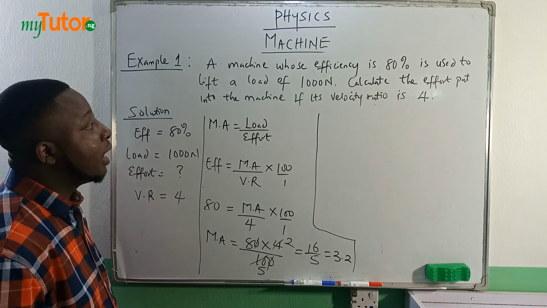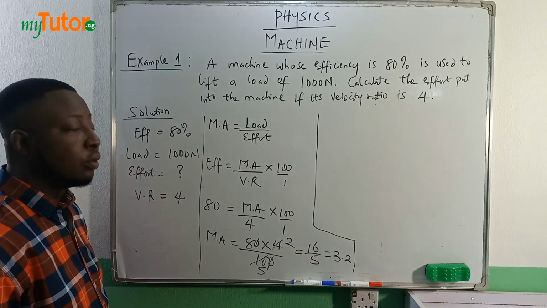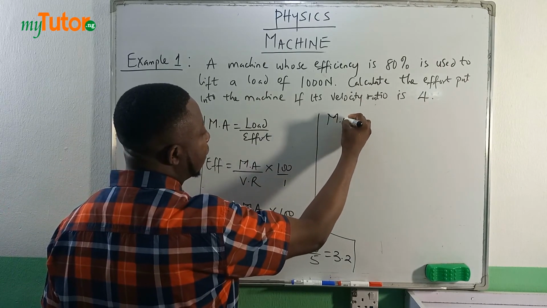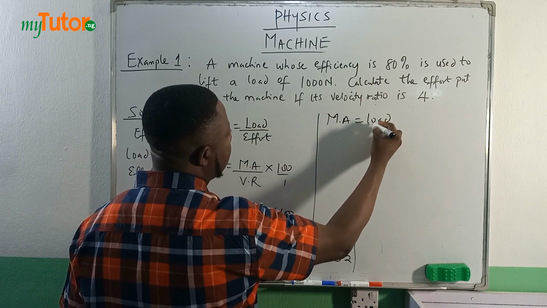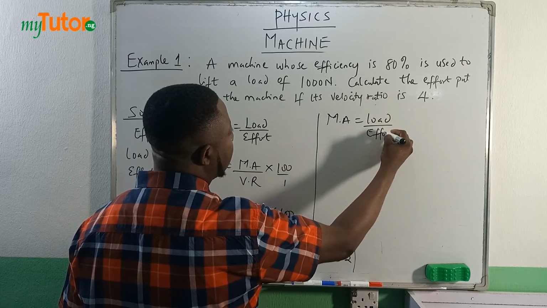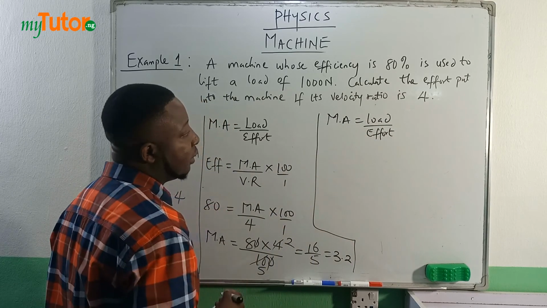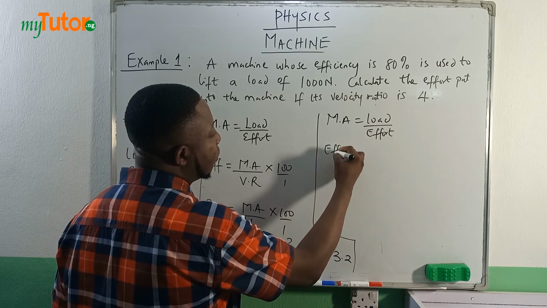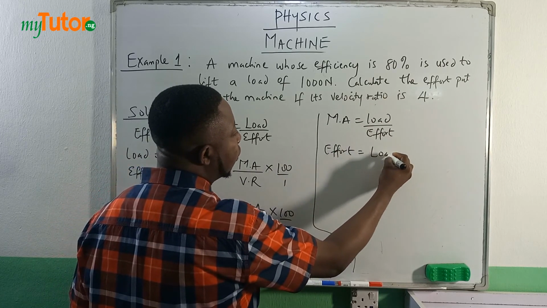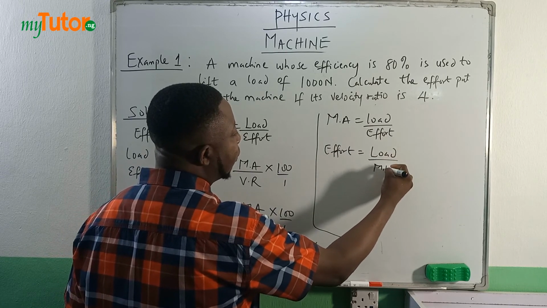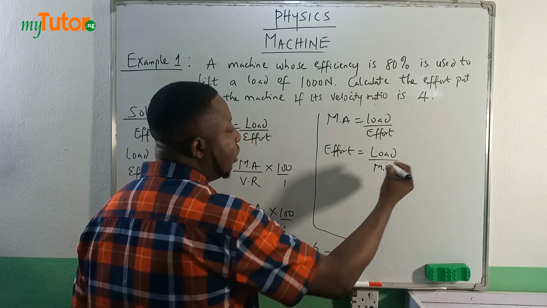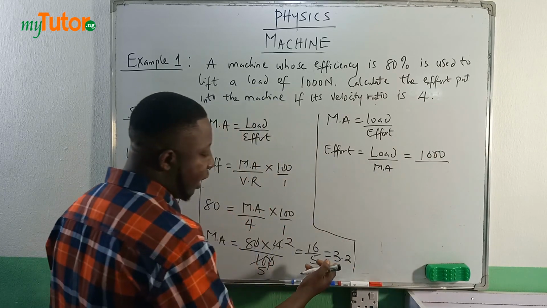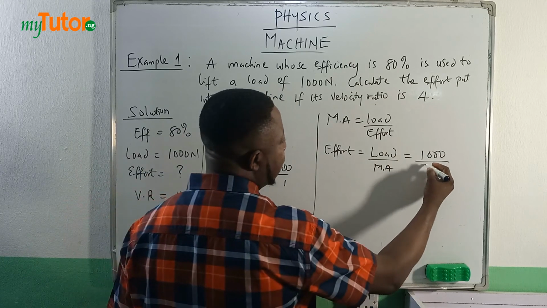Then we need to find our effort. If you remember, our formula says that mechanical advantage is equal to load divided by effort. If we make the effort the subject of the formula, effort will be equal to the load divided by mechanical advantage. Our load is equal to 1000 Newton divided by our mechanical advantage, 3.2.